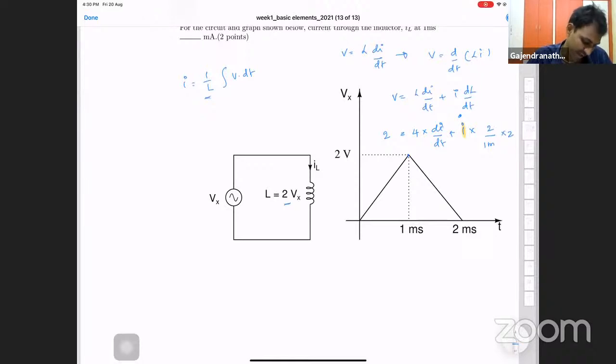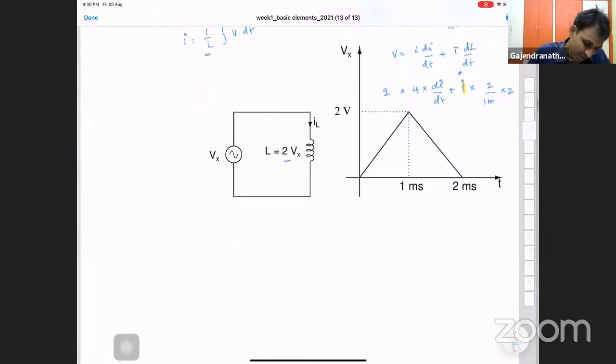This slope is 2 by 1 milli. So basically we got an equation: 2 is equal to 4 times di by dt plus I times 4 by 1 milli.